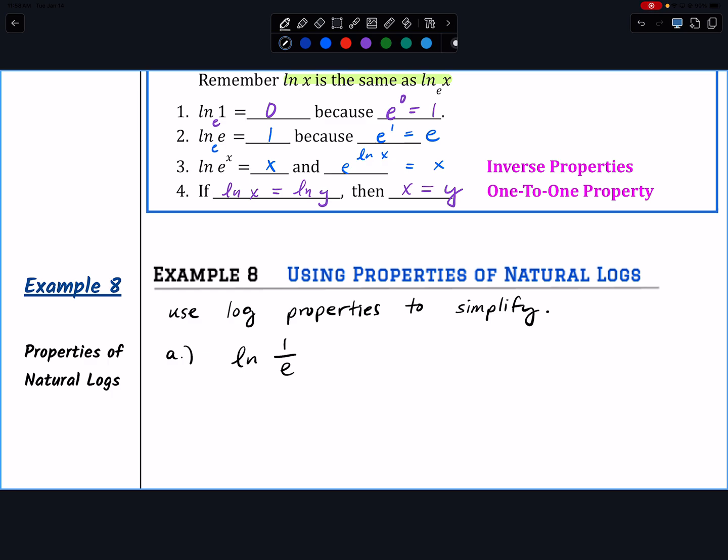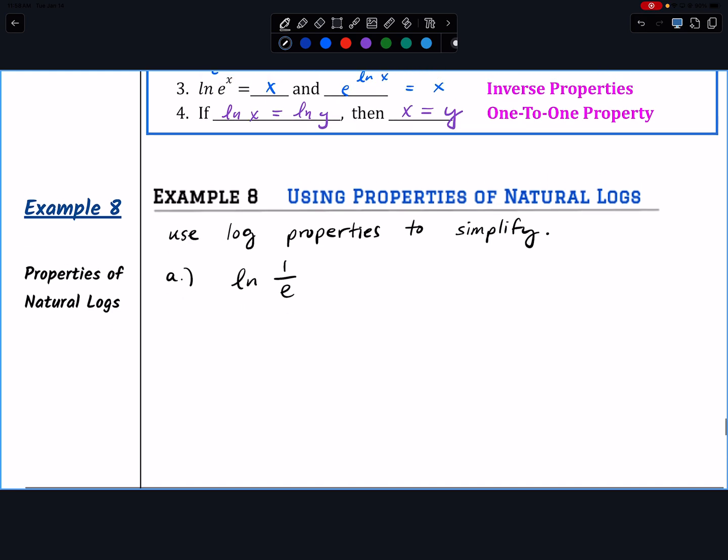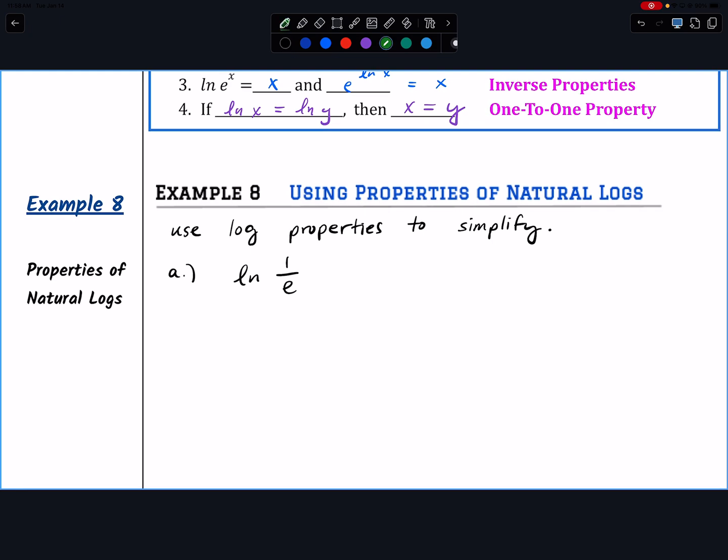Okay, so this one's a little tricky. So I'm going to rewrite it. The ln of 1 over e. Remember, I hear some of you guys typing on your calculators. Does this say anything about rounding here? So I don't want any decimals for this answer. So remember, what's the base? E. Okay.